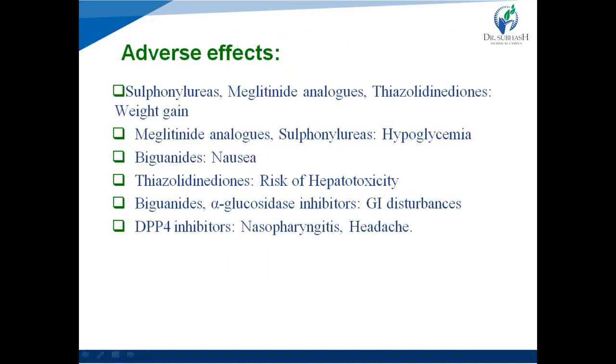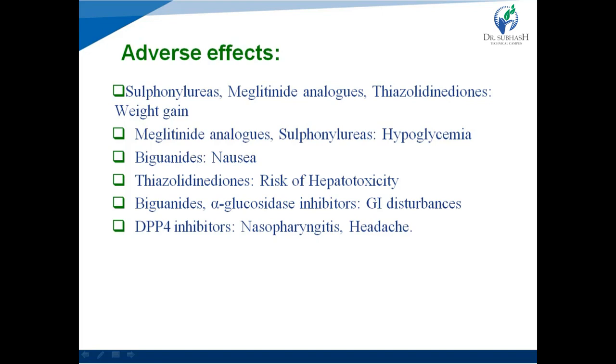These were all the mechanisms of action of oral hypoglycemic agents. Next point is adverse effects of oral hypoglycemic agents. Here we have taken only the major adverse effects of the classes. Sulphonylurea, glitazones, analogues and thiazolidinediones have a common adverse effect, which is weight gain due to fluid accumulation in the body.